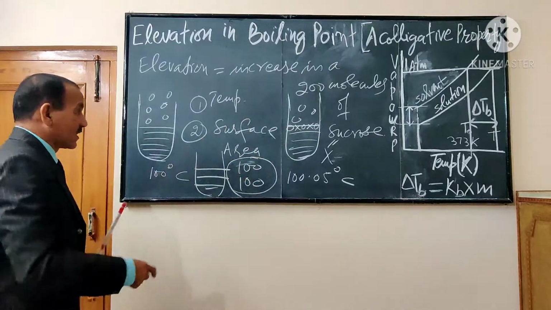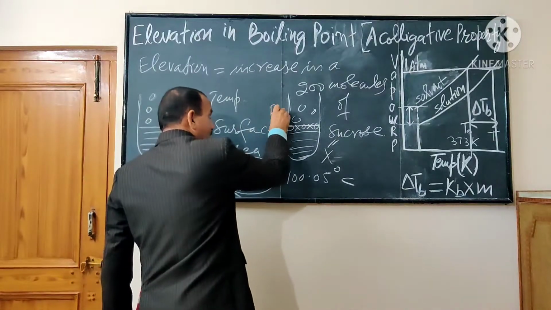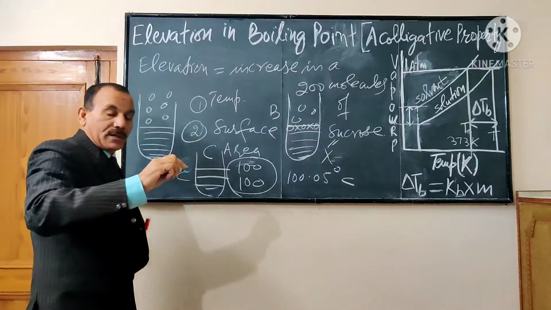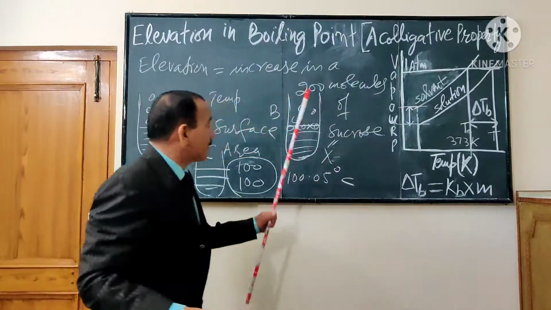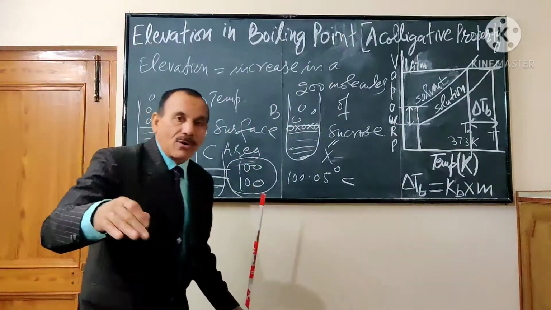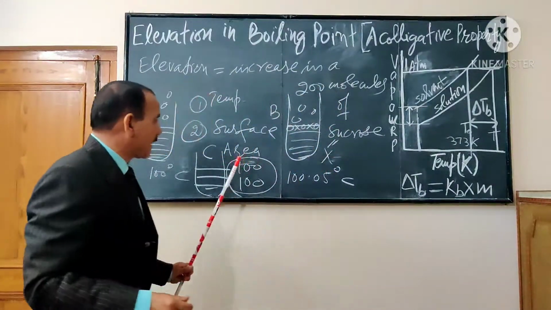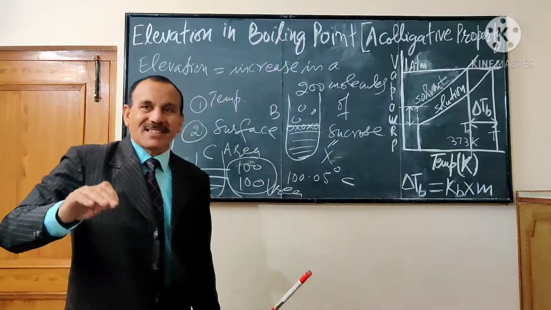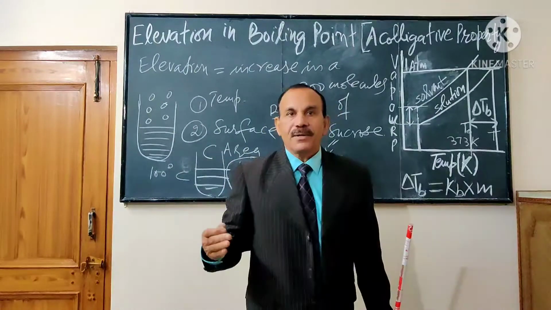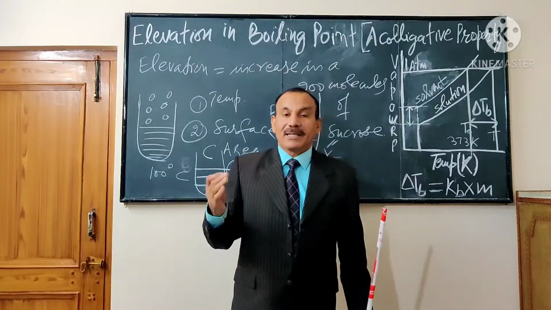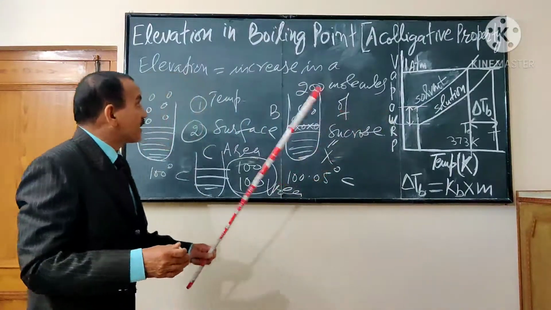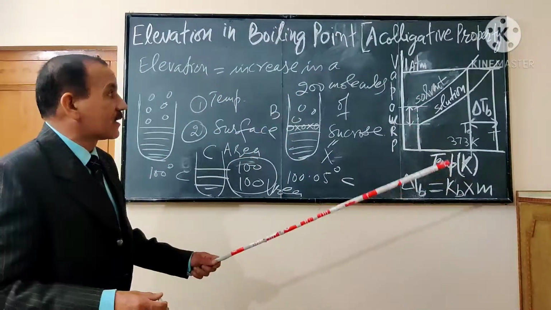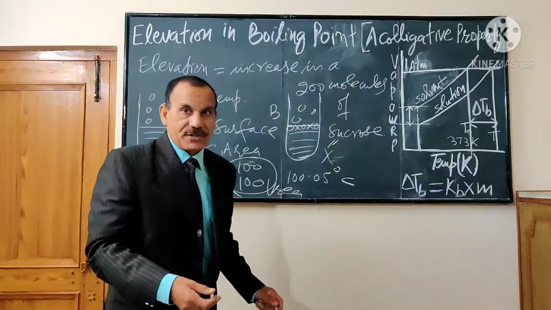These two examples, let's say solution B and solution C. We have two types of solutions, B and C. In B we have only sucrose, in C we have sucrose and urea, two solutes, but the increase in boiling point is equal. It means the increase in boiling point depends on the number of solute particles, not on the nature.